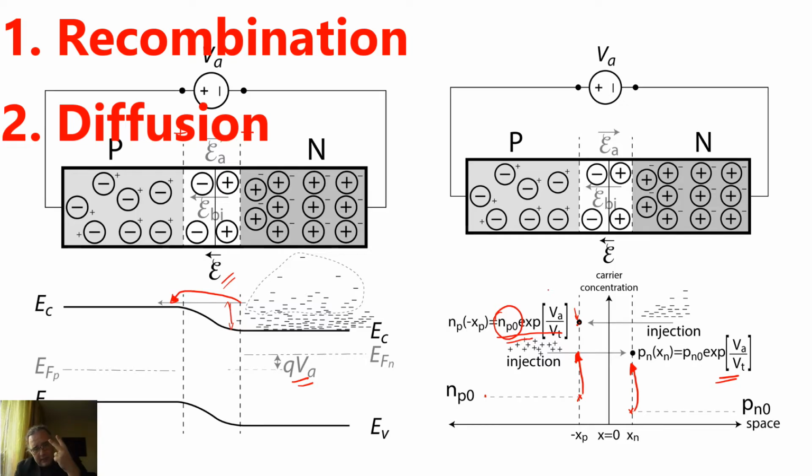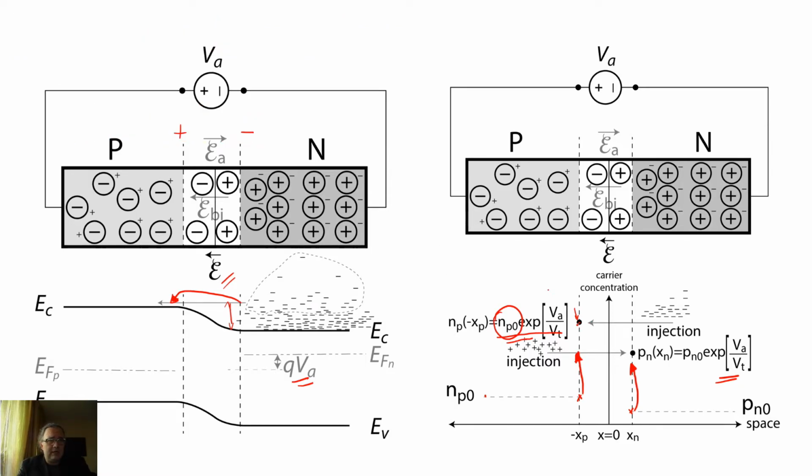So there are two mechanisms that reduce the concentration. The first one is recombination, the second one is diffusion. So what we can expect is that the concentration of electrons will drop eventually to the thermal equilibrium levels somewhere far deep in the semiconductor.